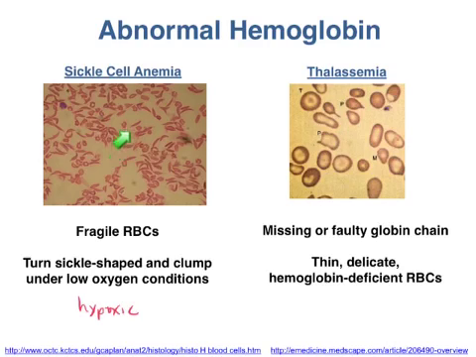And this shape does not pass easily through small blood vessels. They clump together and block blood flow through small blood vessels. That lack of oxygen getting to the tissues because the blood vessels are blocked can cause really acute, really painful episodes. I've heard it described as feeling like you have an elephant standing on your chest.